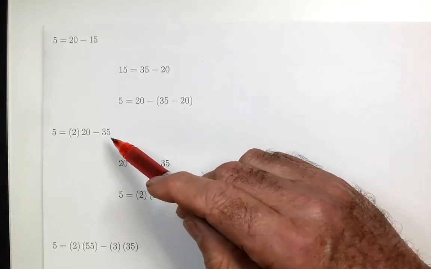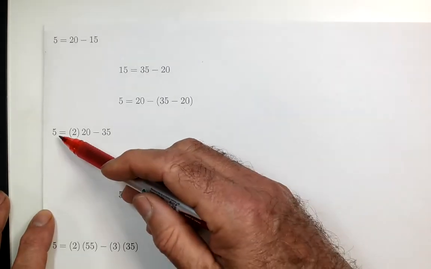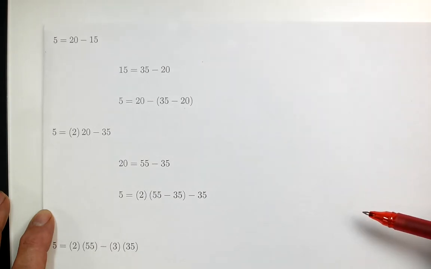And then we simplify a little bit, and we have 5 written in terms of the divisors 20 and 35.